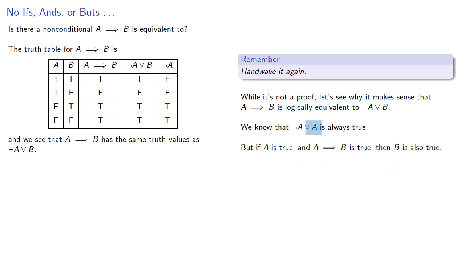And so instead of A here, we can replace it with B, and that gives us our not A or B. Now again, this is not actually a proof that the two statements are equivalent. The way you'd prove that is to use the truth table, but it's a good way to remember this peculiar connection between a conditional and a disjunction.